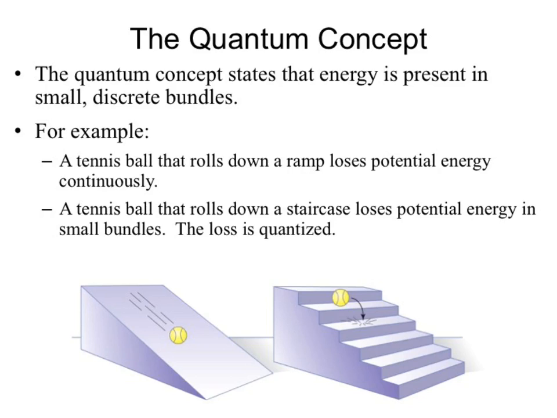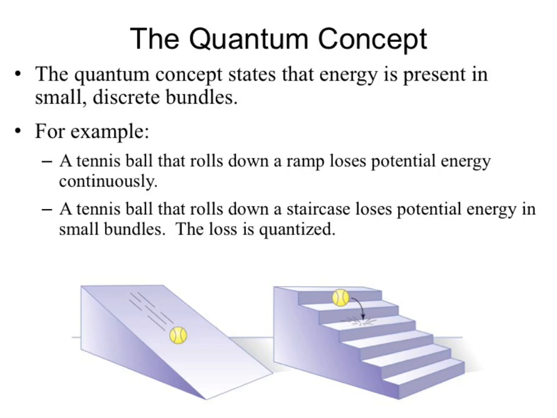If we go through and look at an individual step, where can I place the ball on the steps? Can I place it anywhere on the steps? It can only settle on an individual step. I can't place the ball on this line halfway between the two steps, because then it's not making contact.